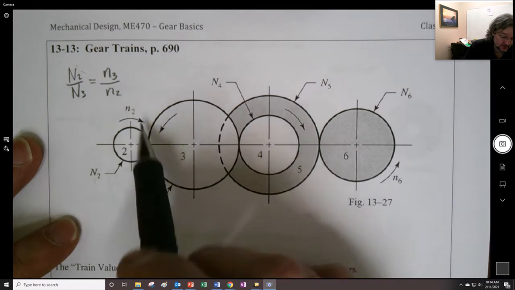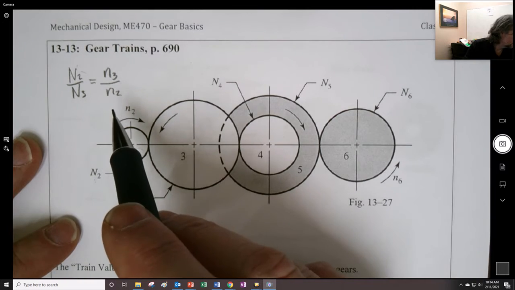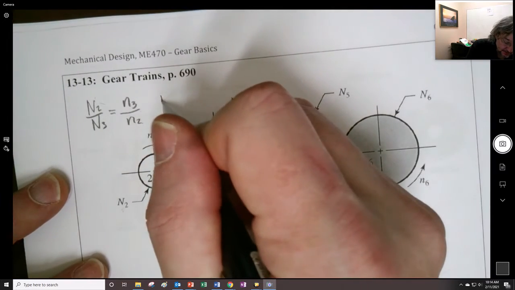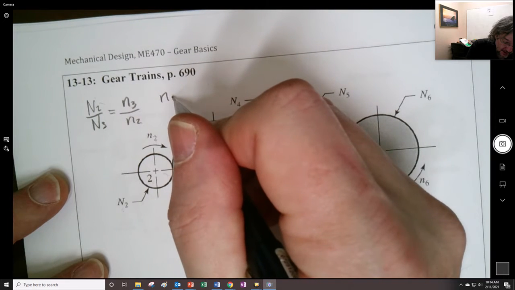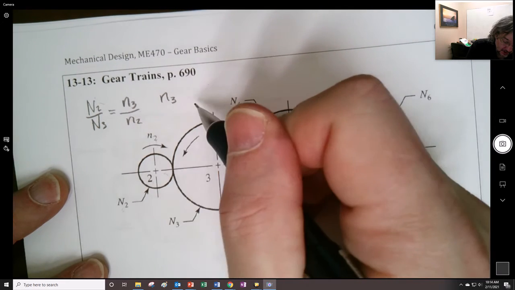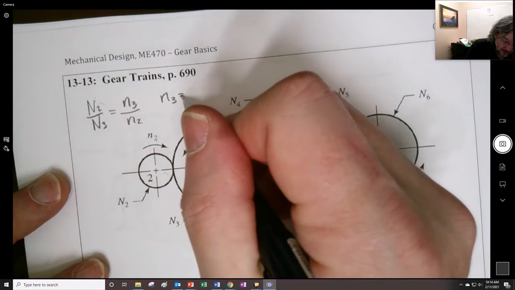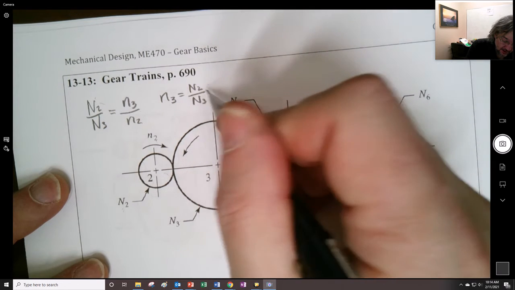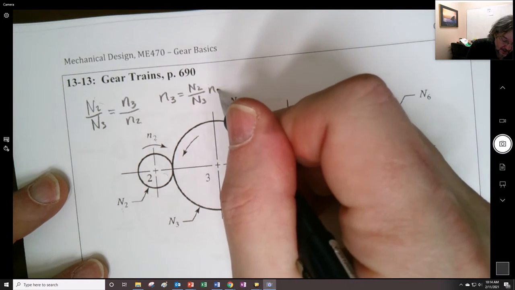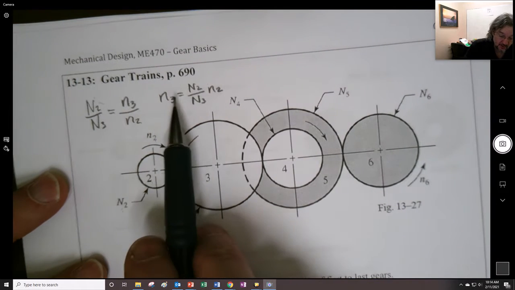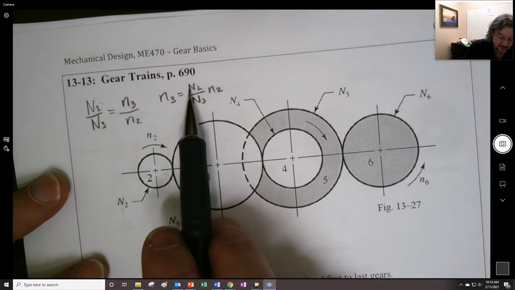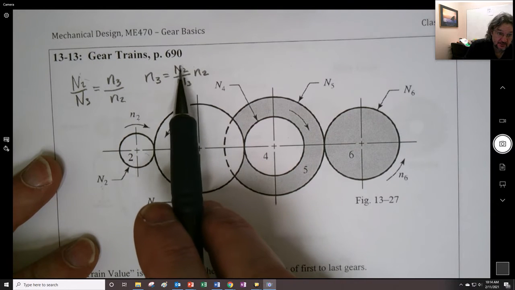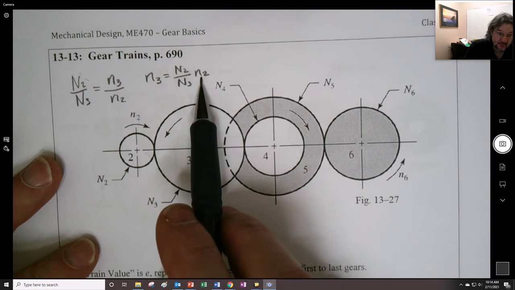So for a single stage, if we want to find out what n3 is going to be, it's going to be equal to N2 divided by N3 of the gear teeth times the input RPM. So here's the output, this single gear stage right here, times the input right there.